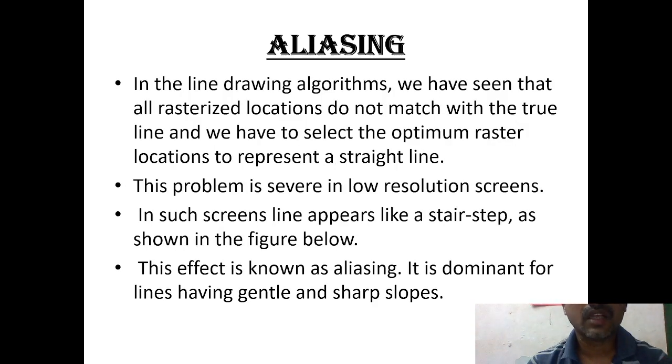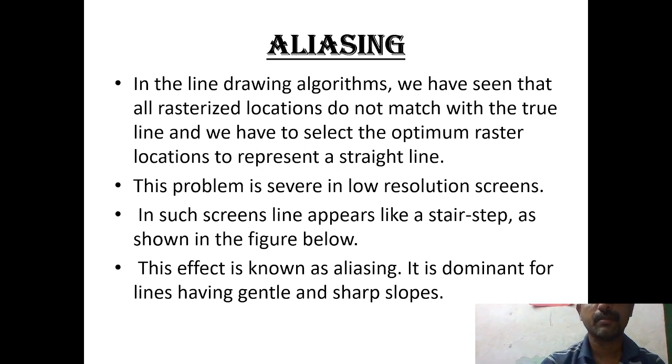Next, in the line drawing algorithms, we have seen that all rasterized locations do not match with the true line, and we have to select the optimum raster locations to represent a straight line. When you draw the line, not all the pixels match.